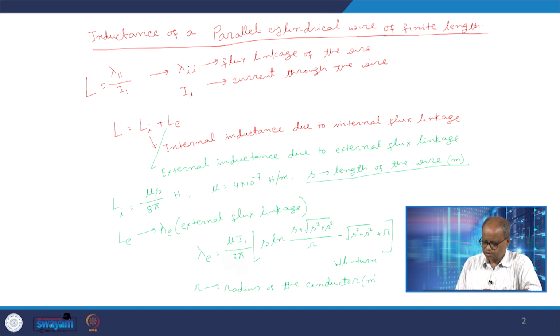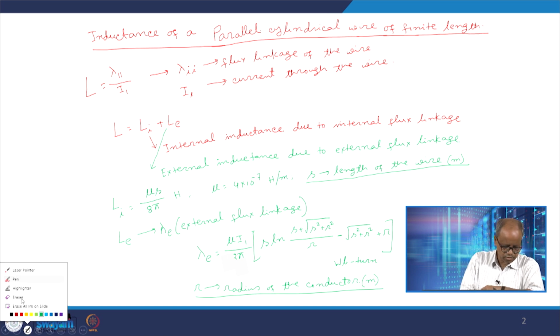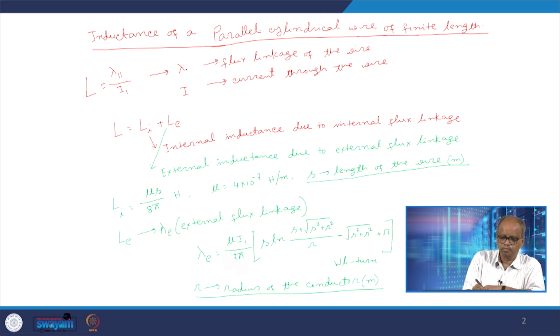So, if this is in meter, then this is also in meter, and mu we have already defined, 4 pi into 10 to the power minus 7, a constant, and I1 is the current through the wire. I should write, sorry, lambda E by I1. So, notations must be careful, so it is I1. So, current through the wire, this I1, and 2 pi is a constant. So, this is it.